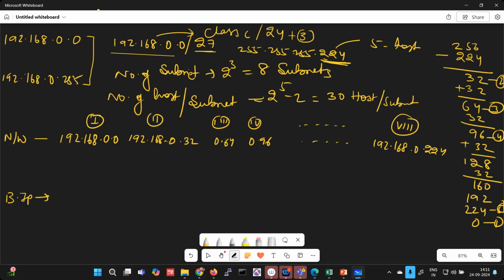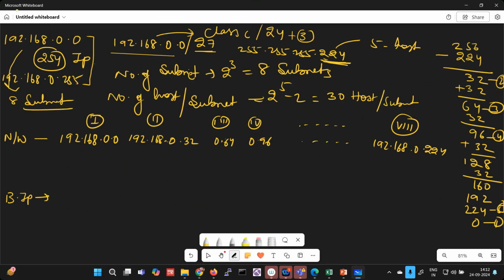In between we have a total of 254 IP addresses available. These 254 IP addresses can be further subnetted. This large class C network can be divided into smaller subnets, which can have a maximum of 30 hosts per subnet. So we have actually divided this range into 8 subnets.